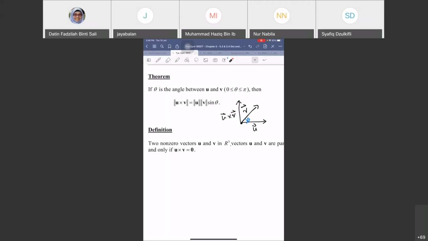Another way of finding the magnitude of the cross product is just using our formula, because remember, there is another formula.